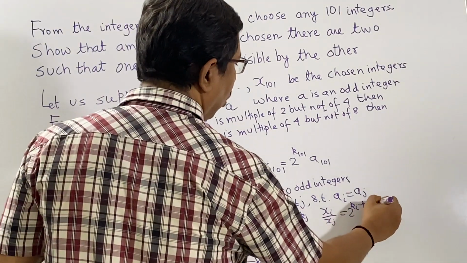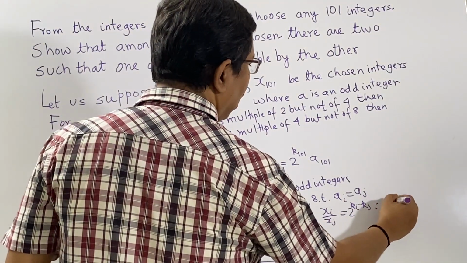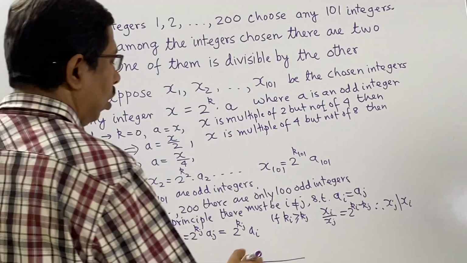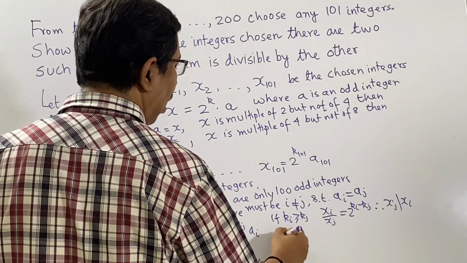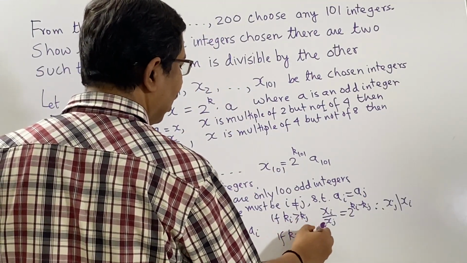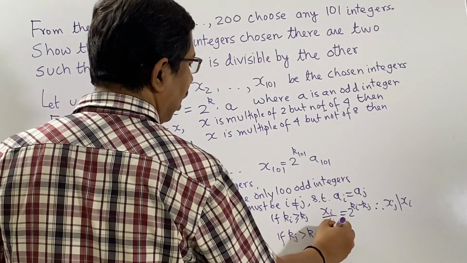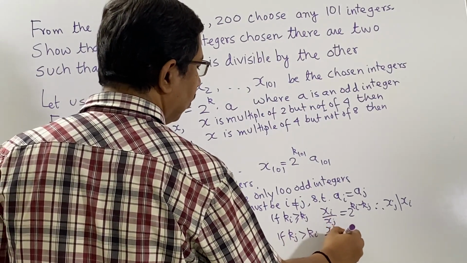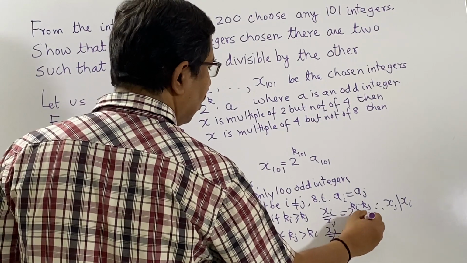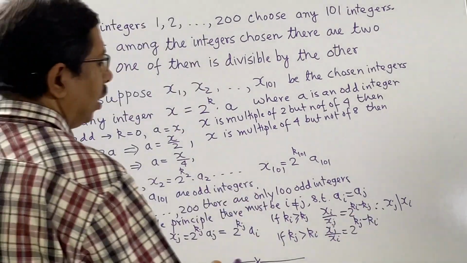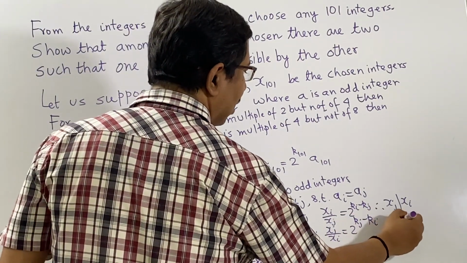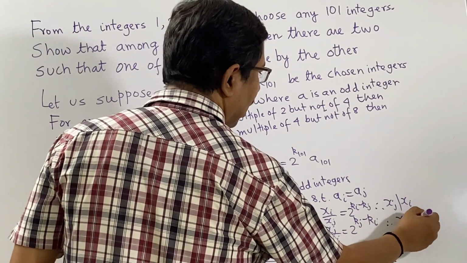So therefore xj divides xi. In the other case, if kj is greater than ki, then xj by xi is 2 to the power kj minus ki, and in that case xi divides xj.